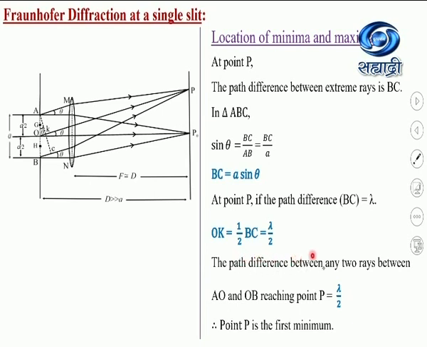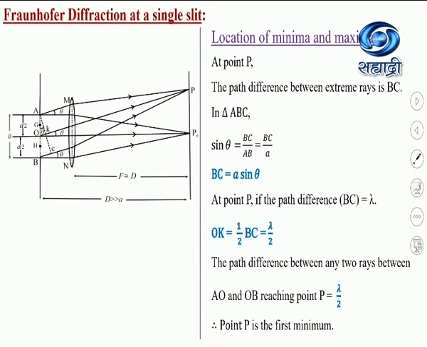So the path difference between any 2 corresponding rays between AO and BO reaching point P is lambda by 2, and we have studied the condition in interference that when the path difference between the 2 waves is lambda by 2, then the waves interfere destructively.